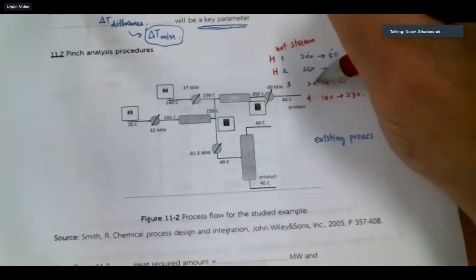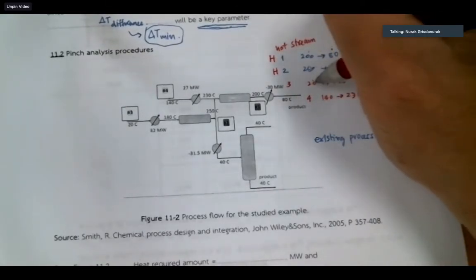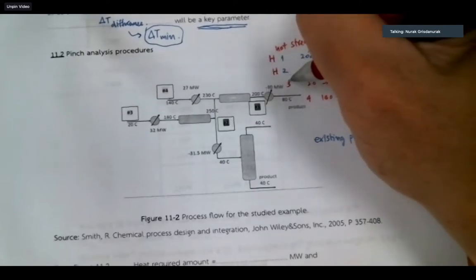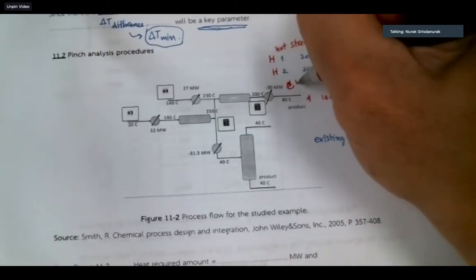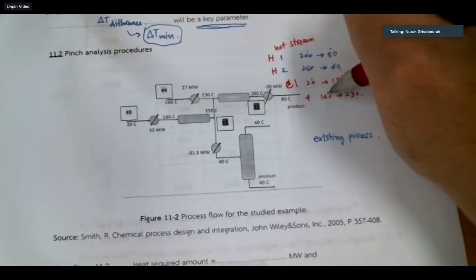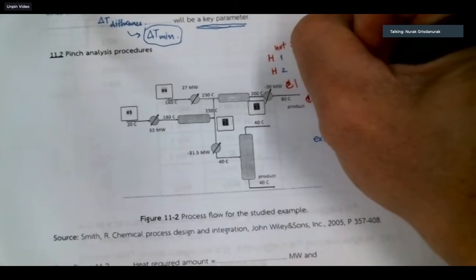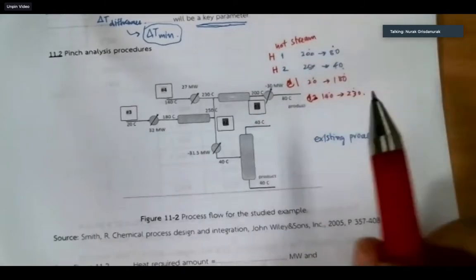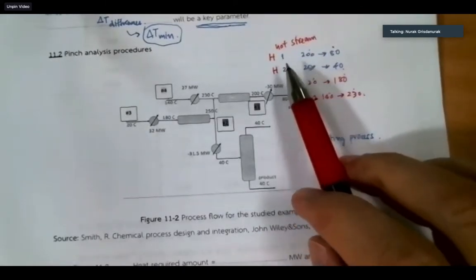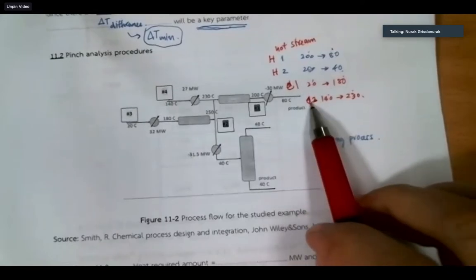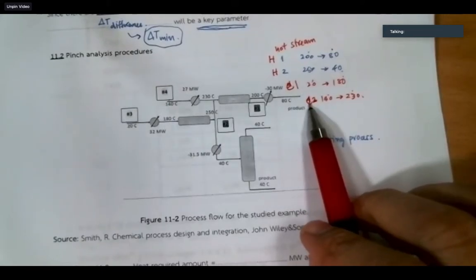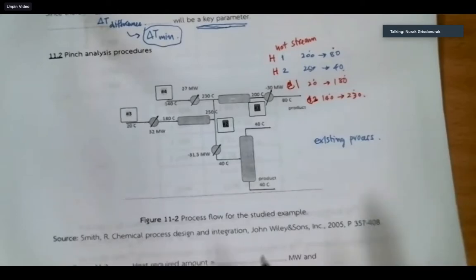Now you have low to high, we call it a cold stream. Low to high, we call it a cold stream. Okay? So you now have 2 hot streams and 2 cold streams.